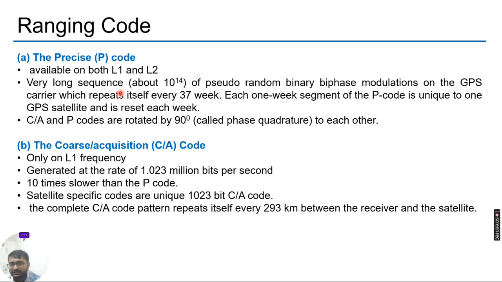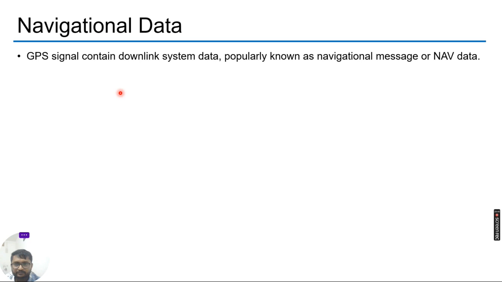That's why we use the P code for high precision applications and military applications, because it is faster compared to the C/A code and is applicable with L1 and L2 as well. The satellite specific codes are unique, with a 1023 bit C/A code. The complete C/A code pattern repeats itself every 293 kilometers between the receiver and satellites, so the repetition is very high in this C/A code.